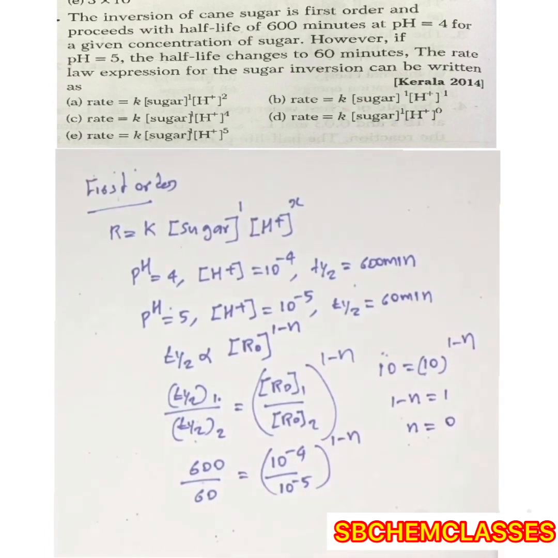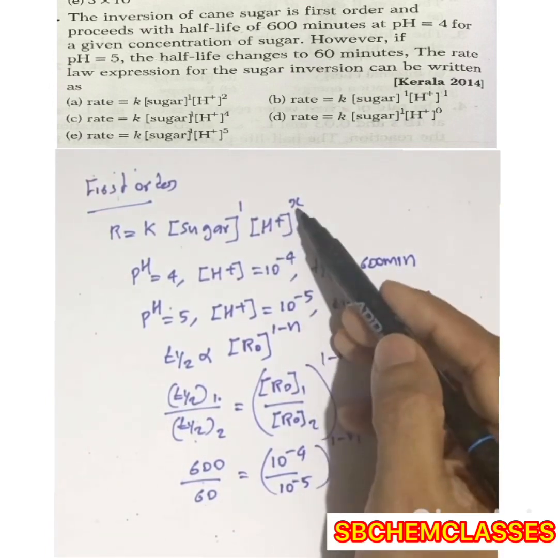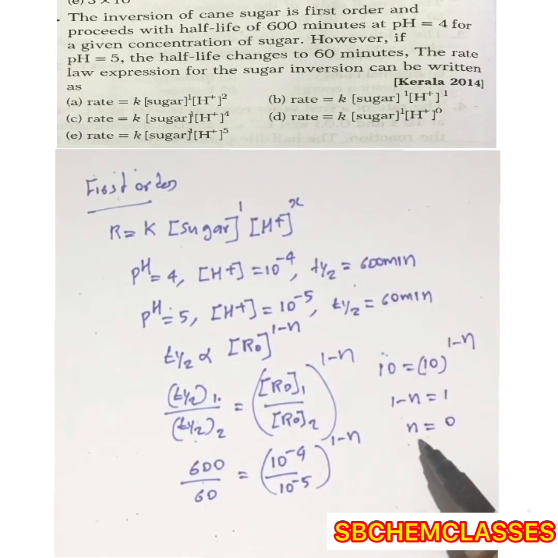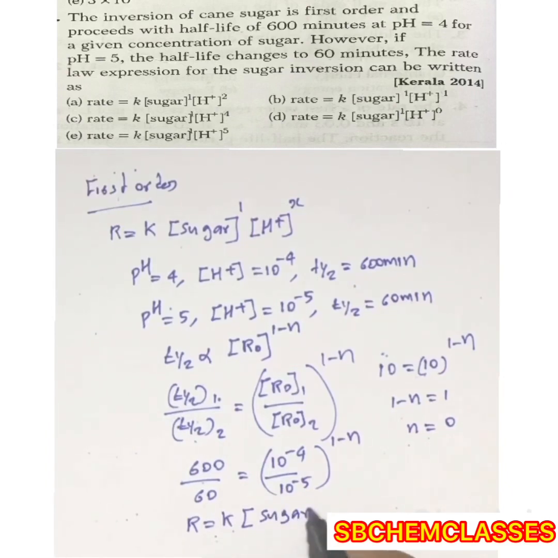That is, the concentration of H plus raised to x, that x is calculated as n, and n equal to 0. So our rate equation becomes R equal to K into concentration of sugar raised to 1 and concentration of H plus raised to 0, that is option D.